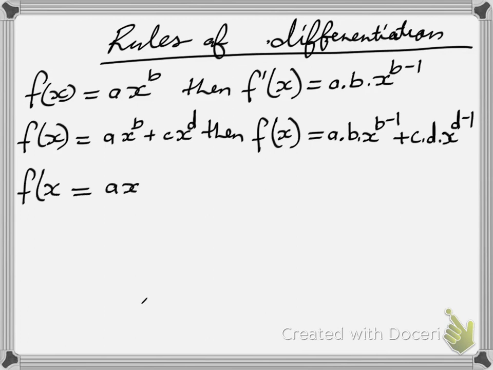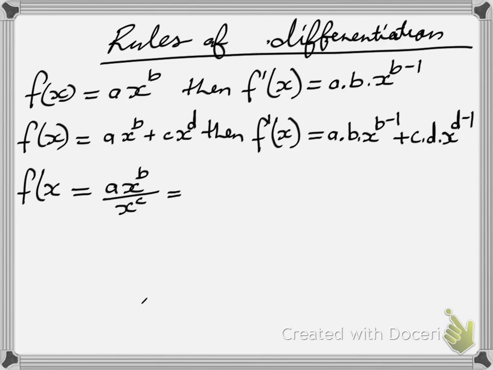Then f prime of x, which means the derivative of x, will be equal to a multiplied by the exponent, and then x to the power of b minus 1, which means the exponent is reduced by 1, plus c multiplied by the exponent, and x to the power of d reduced by 1.